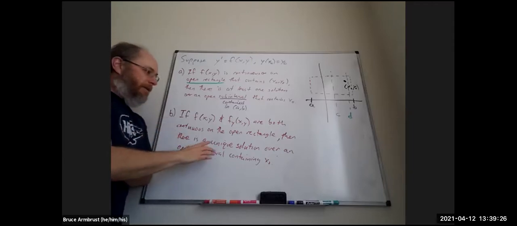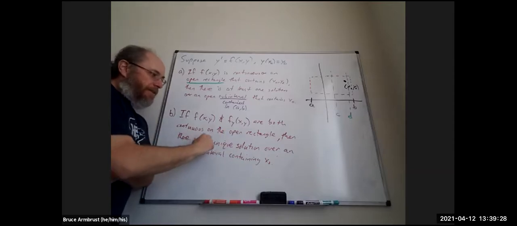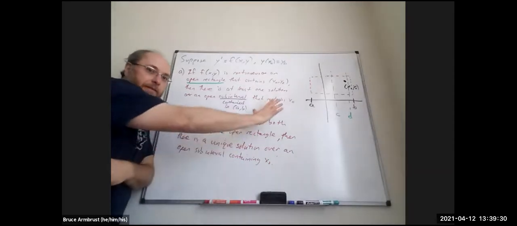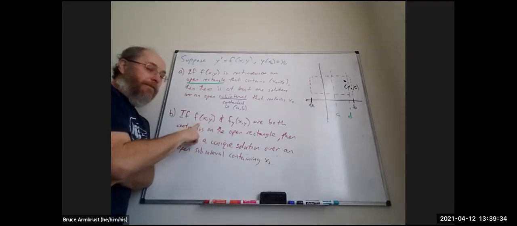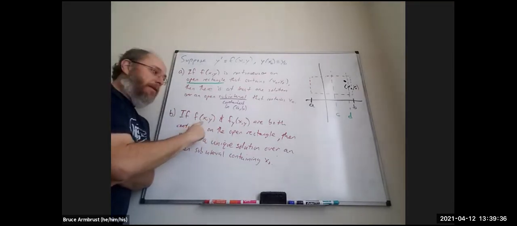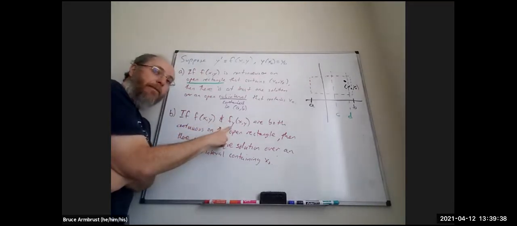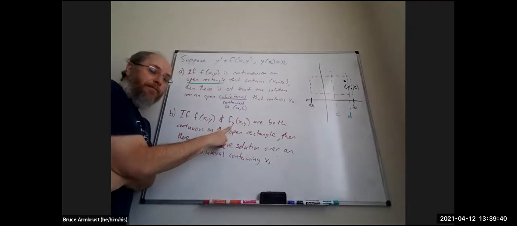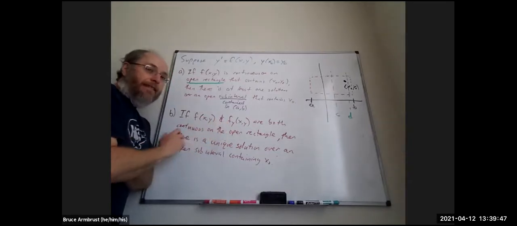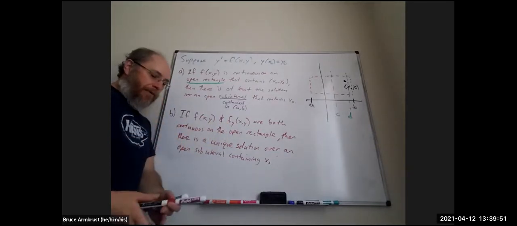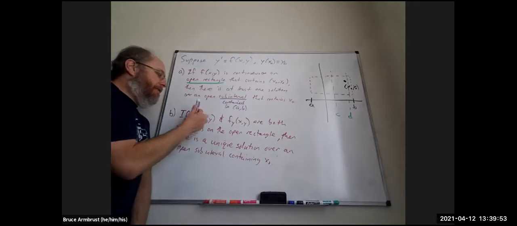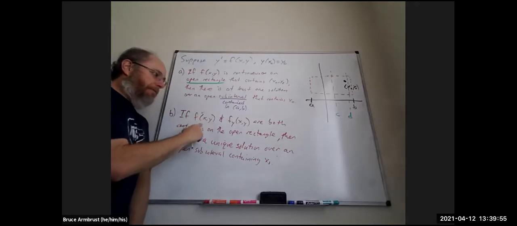Okay, so we got this continuous over an open rectangle, same exact idea. It's just now not only is the function continuous, but the partial with respect to y of that function is also continuous. And if that's the case, not only are we guaranteed a solution, I mean, we were guaranteed a solution from this part, right?